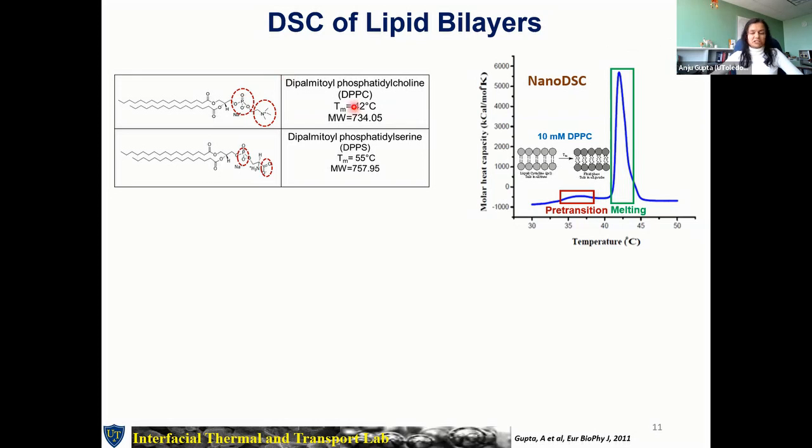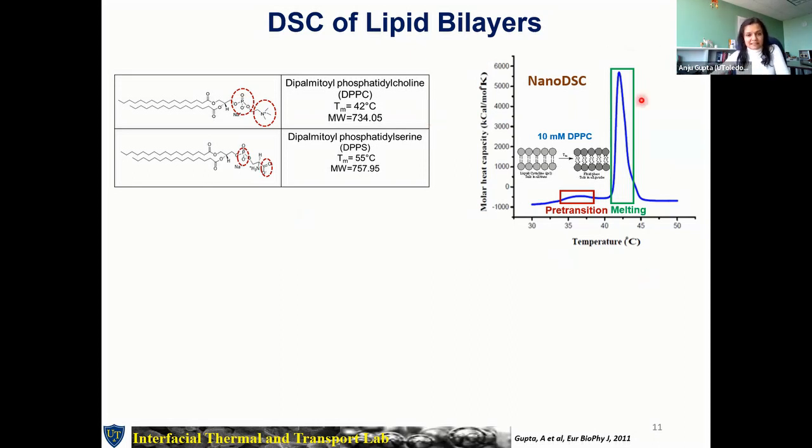This is the PC lipid, which is present in abundance in all membranes, and so it makes sense to have a PC lipid in your model. And we also include a second lipid, which has a slightly higher melting temperature of 55 degrees Celsius. It has a net negative charge. So combining these two makes for a very good representative model for cell membrane for our work.